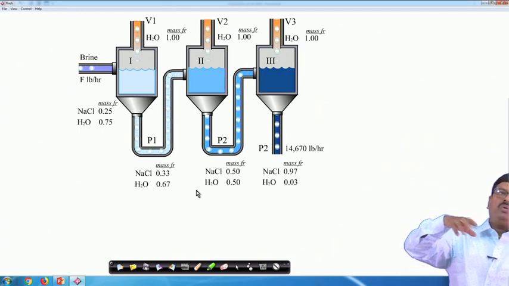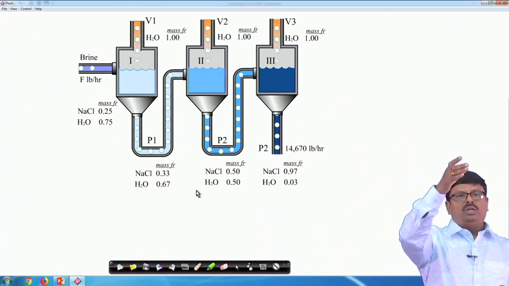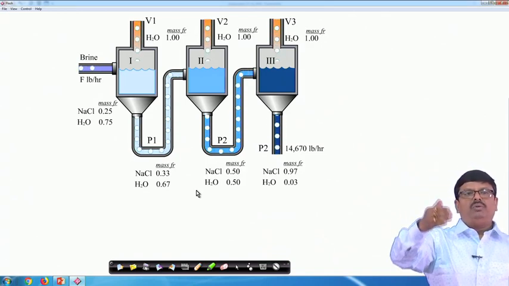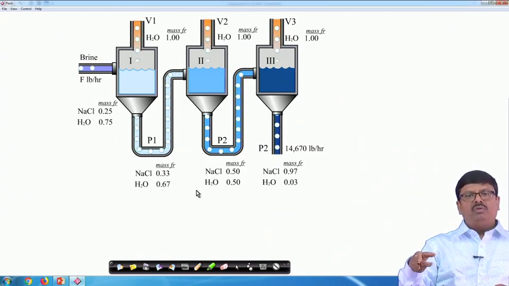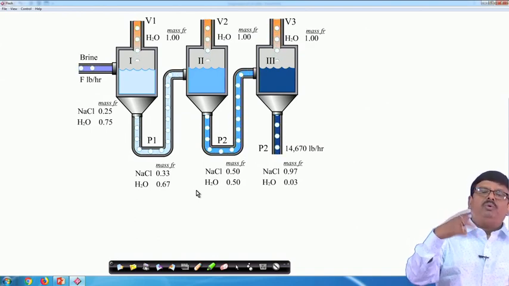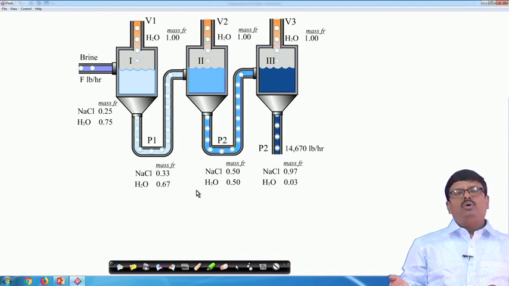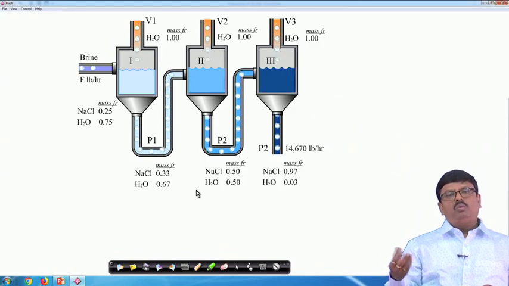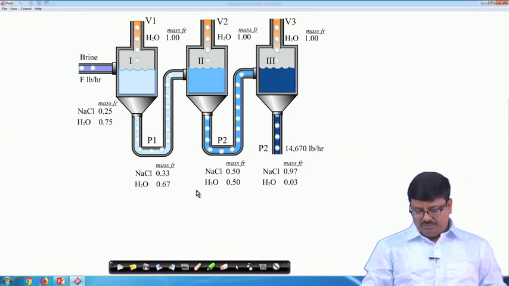The superheated vapor released from the top portion of the first evaporator unit will be allowed to pass on to the second one as the source of energy, and from the second one it will again pass on to the third one for providing thermal energy.